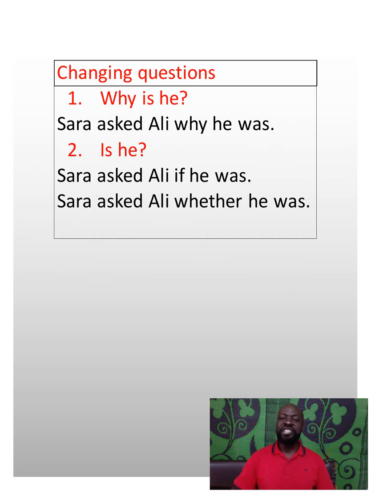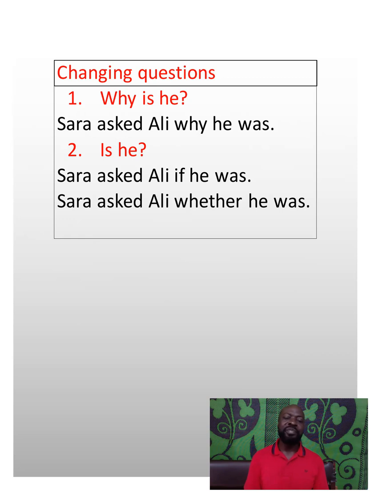Then I change the order. Why he? I don't say why was. Why he? And then I come back. Why he was. The order, you jump. Sarah asked Ali why he was.